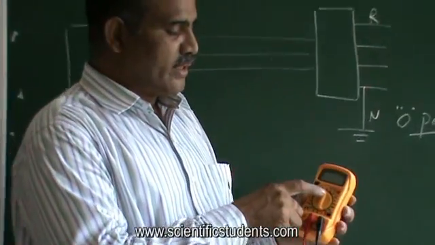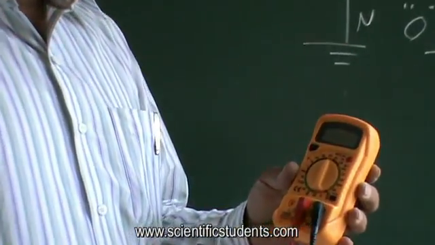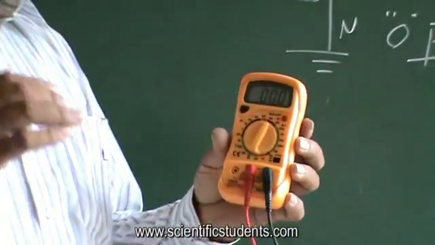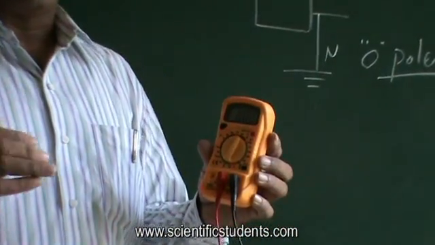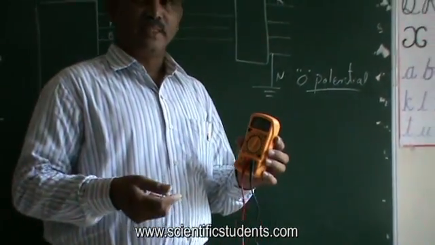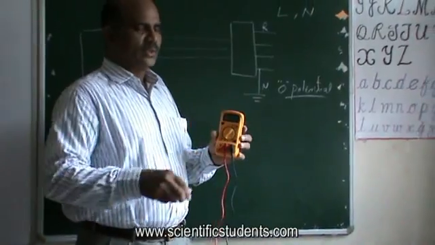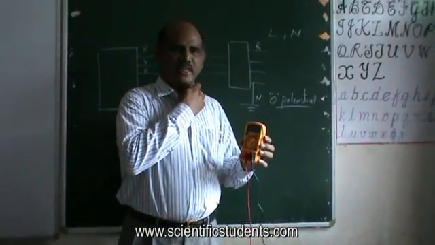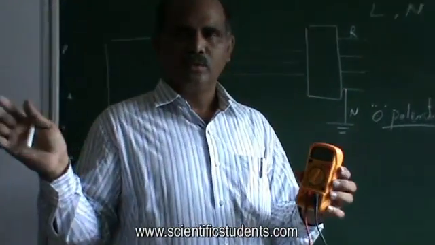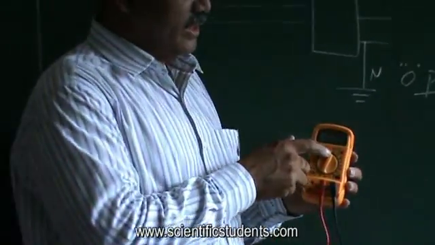Whenever you want to measure a voltage of more than 200, you need to keep it on 600. Whenever you want to measure an alternating current voltage of maybe 6 volts, 10 volts, 24 volts AC, then you need to go for the 200 volt range, because you get decimal points here, digital. For high voltage measurement like 230, 250, you need to keep this on 600 volts.